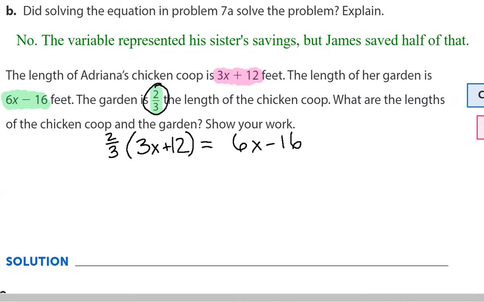Okay, now, do we want to distribute first? I think we do. I'm going to distribute first. Instead of multiplying the whole thing by 3 to get rid of this 3, I'm going to distribute first. Your choice.